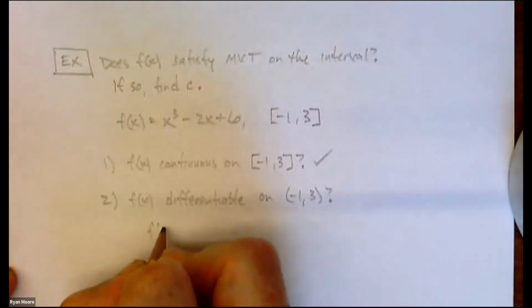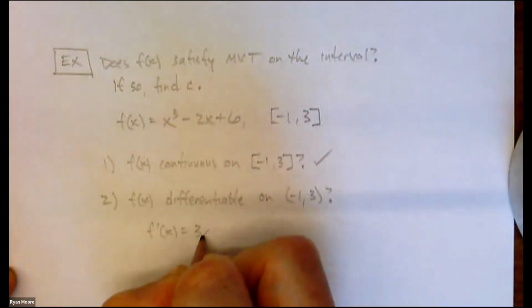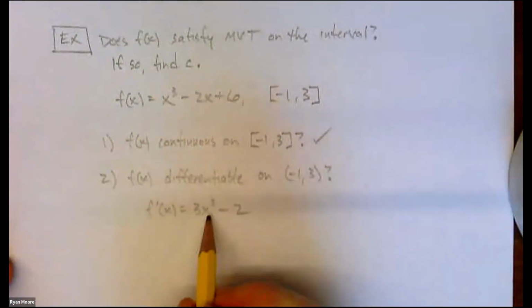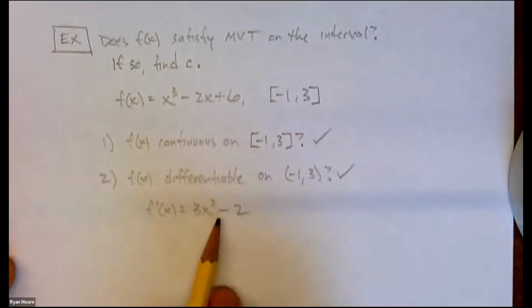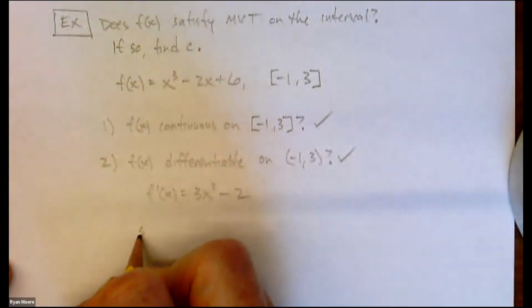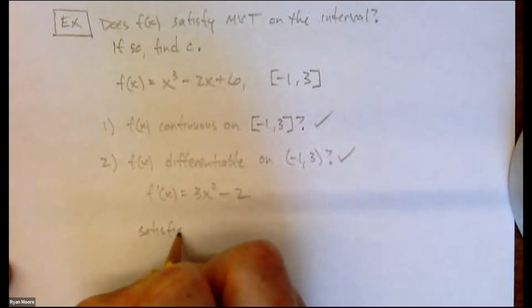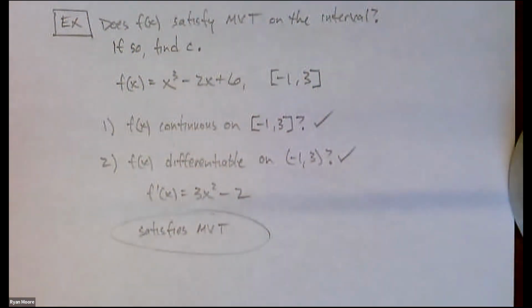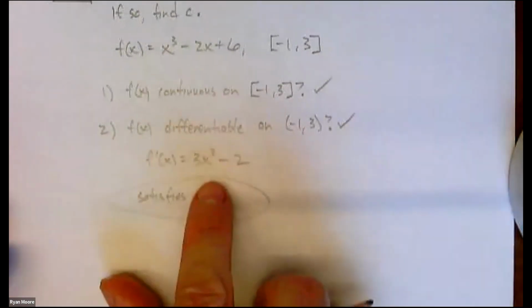So we'll take a look at the derivative, but I don't think anything unusual is going to be going on. There it is, 3x squared minus 2. Yep, there's no division by 0, nothing funny happening. All right, great. So this satisfies the mean value theorem. That's part of our answer. Okay, now find c.